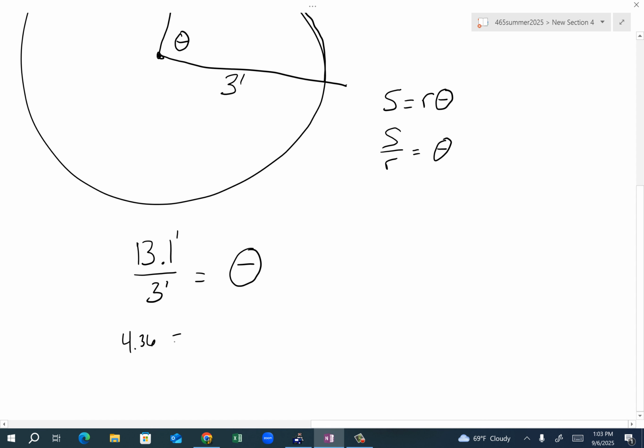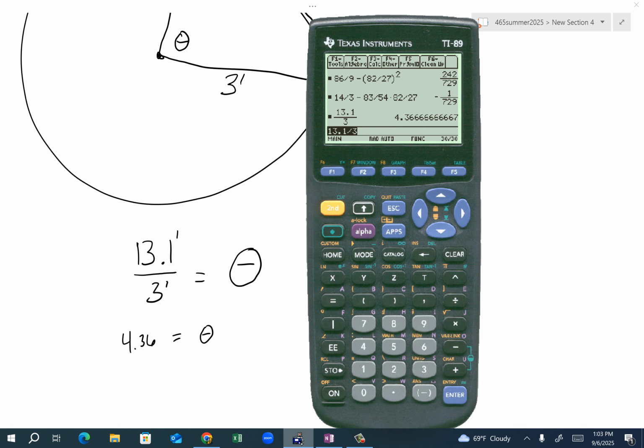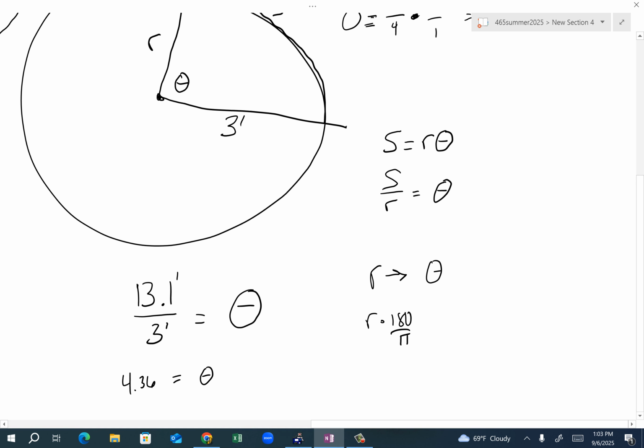And you're like, well, how many degrees is that? Well, if I want to go from radians to degrees, I take radians times 180 over pi, because that's the conversion. So I take that times 180 divided by pi, and I get about 250 degrees.